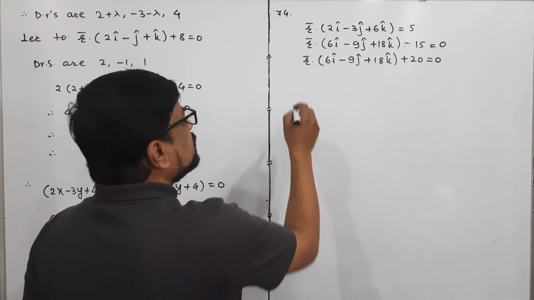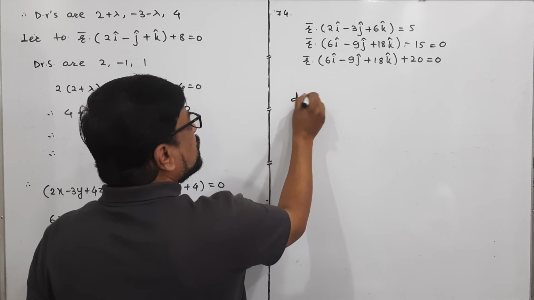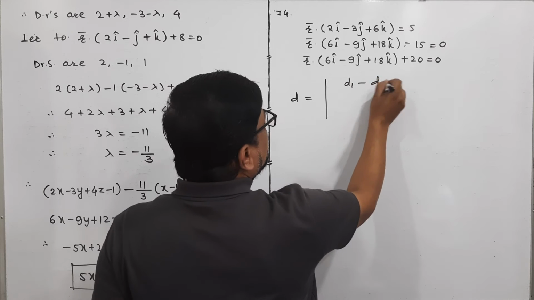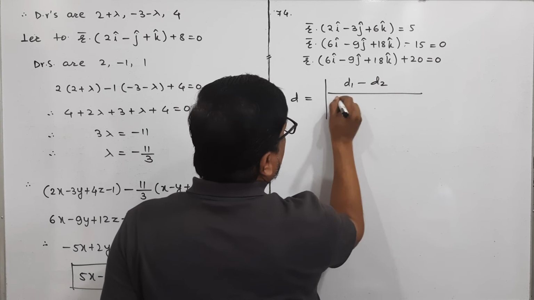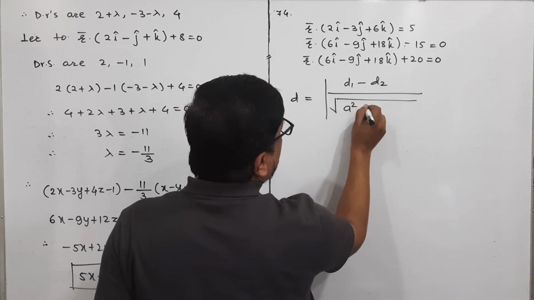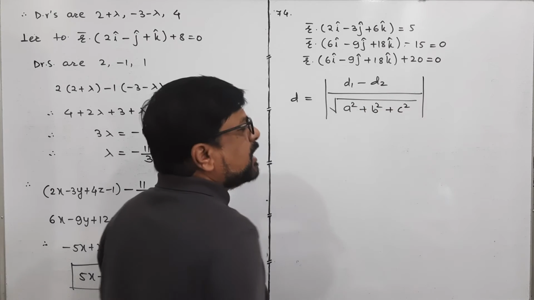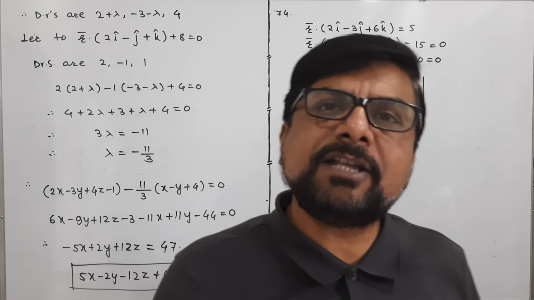Now we can use the formula. Distance between parallel planes is d1 minus d2 divided by under root of a square plus b square plus c square. This is very easy formula which is very similar to the distance between two parallel lines.